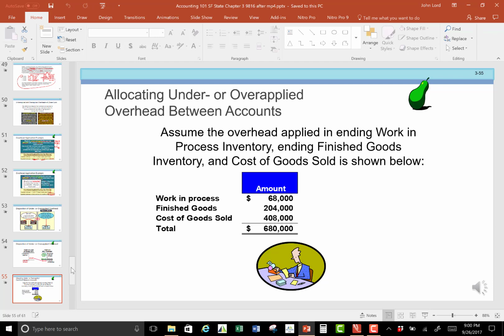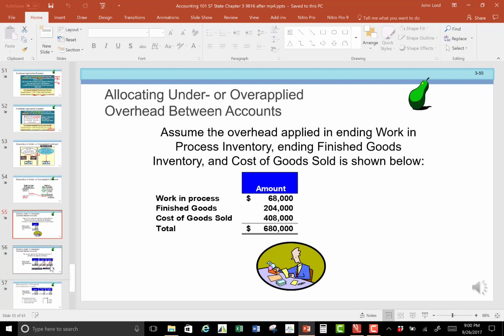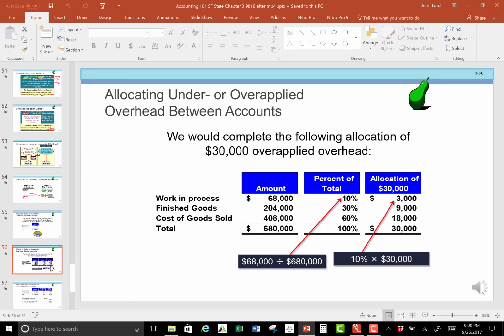So we take the total of those three, the ending balance in each one, and then 10% of the underapplied amount would go to work in progress. Because it tells you to do 10% in the problem, right?